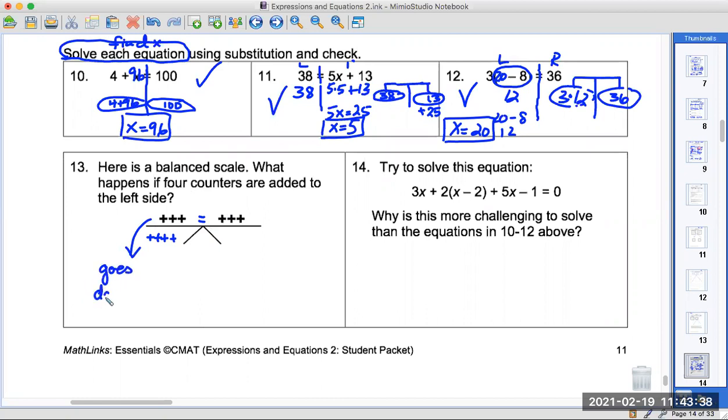And what happens if I want to bring it back to balance? Then you have to add 4 on this side. Add the same to the right side.